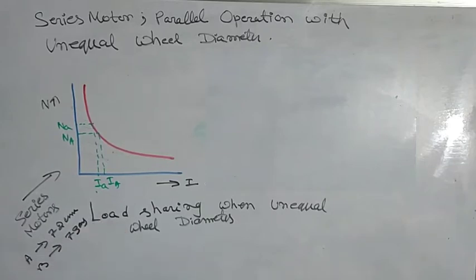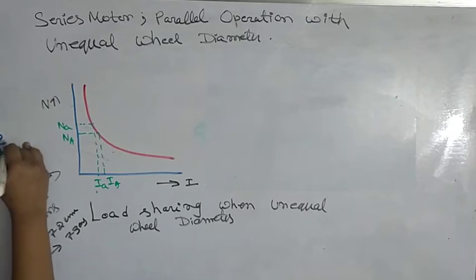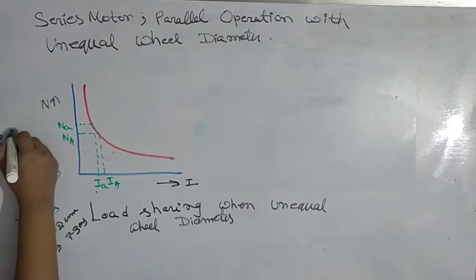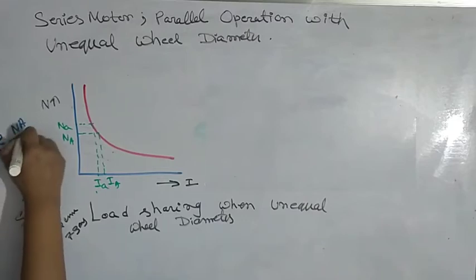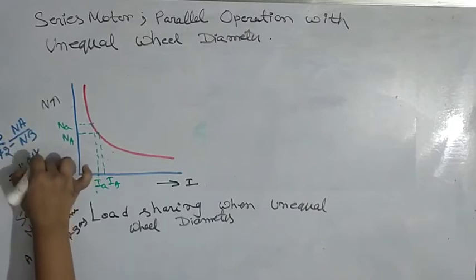Now for the same speed of the car, the ratio of RPM of A to B is 73 by 72, which equals NA by NB equals 1.014.